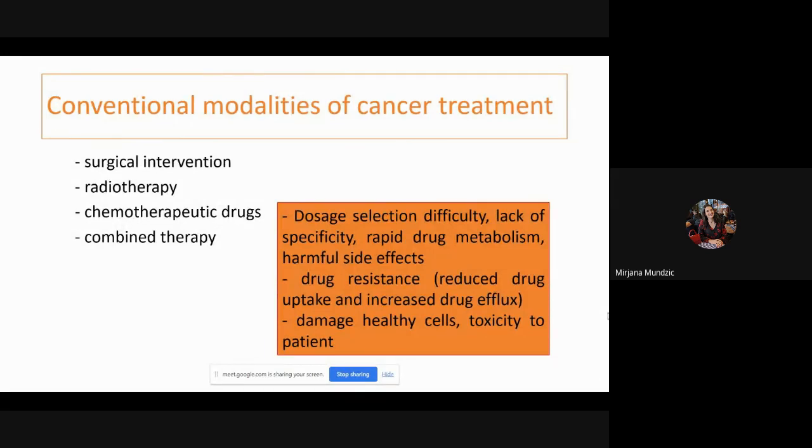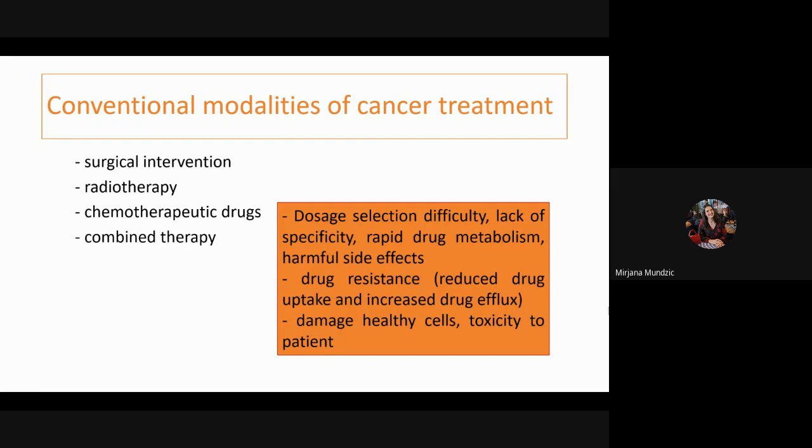So let's start with a short overview of the conventional modalities for cancer treatment. First of all, we all know about surgical intervention. We know about radiotherapy and chemotherapeutic drugs, or the combined therapy that combines both of them. What happens is that there is rapid drug metabolism, and there are a lot of harmful side effects when those conventional modalities are used.